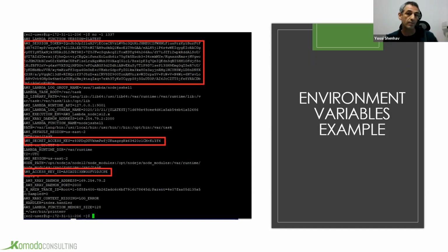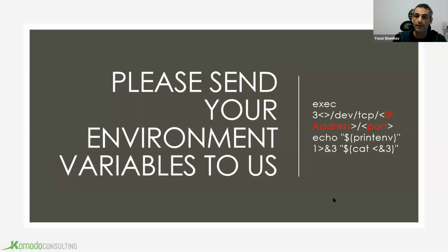So this is all fun, but it's in a lab. What we actually needed is a way to get all this information in one command, because we couldn't have an interactive shell. We could not get a reverse shell that would allow us to type commands.